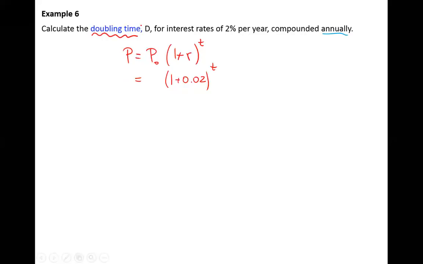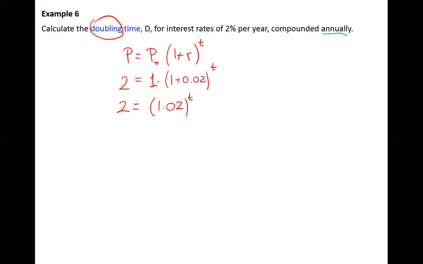If the investment is doubling, I'm expecting my investment to be double. If this is 5, this is 10. If I divide by 5, I will have 2 on this side. Always 2 when it's double.